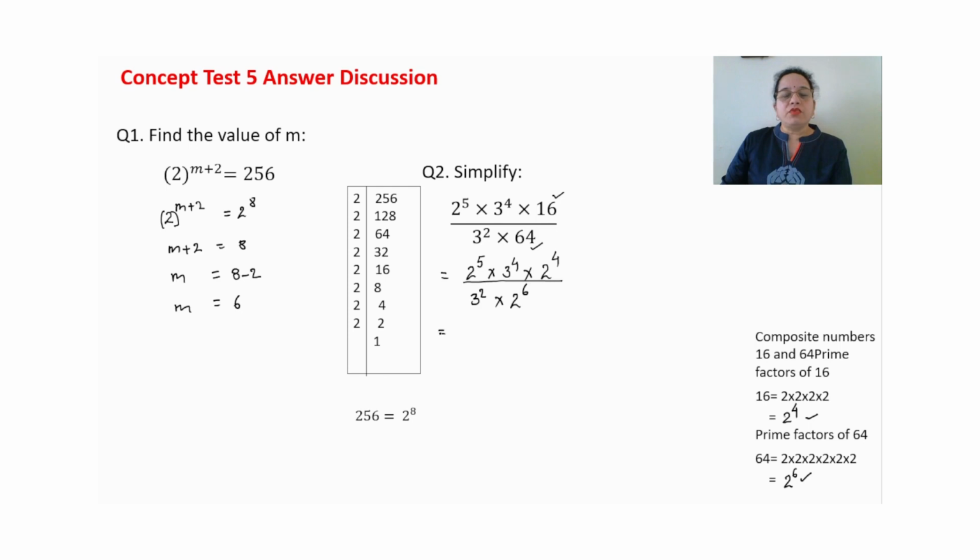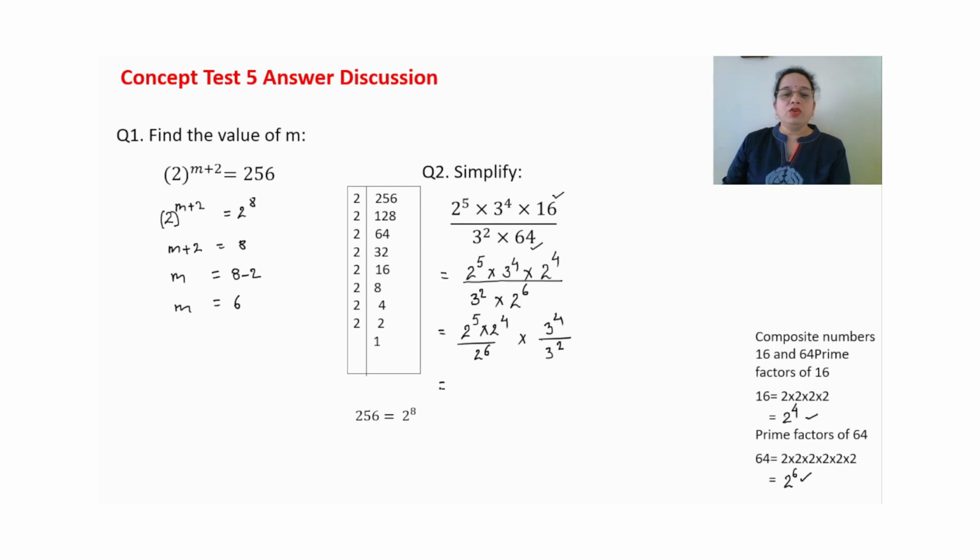The next step, we will segregate the base 2 numbers: 2 raised to the power 5 into 2 raised to the power 4 upon 2 raised to the power 6, multiplied by the base 3 numbers: 3 raised to the power 4 upon 3 square.